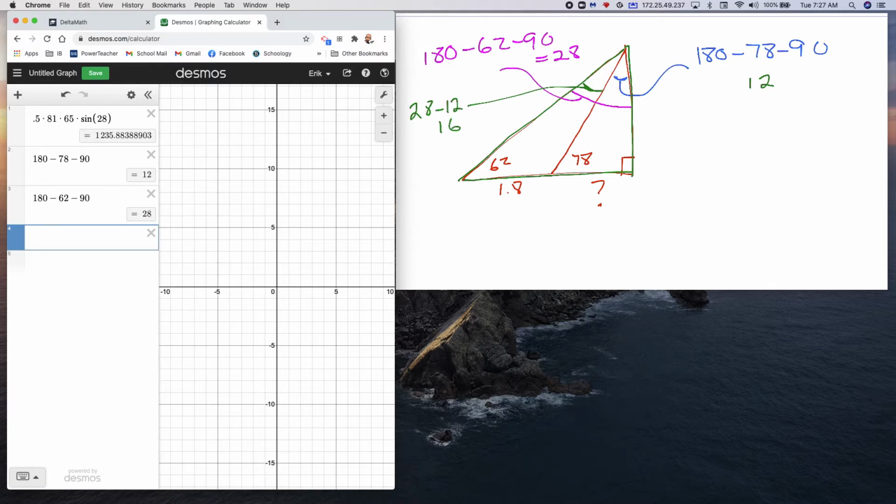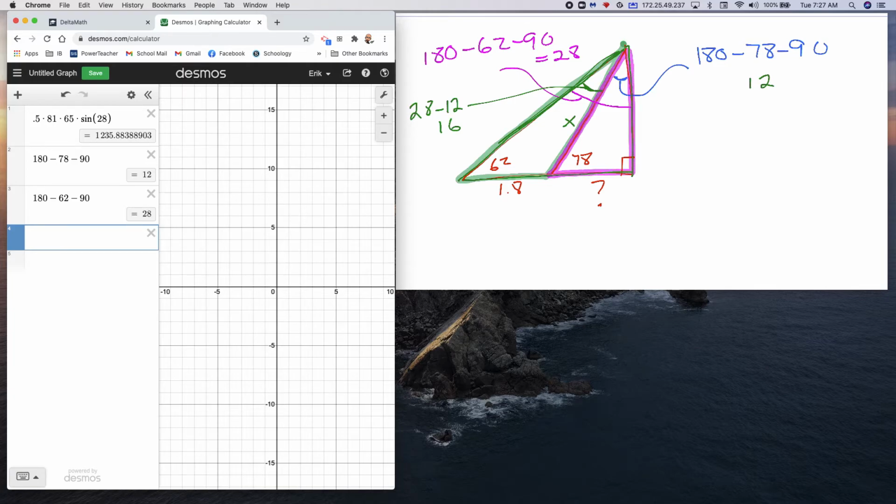Now, since I know that that's 16, that's a really important piece, because now what I can do is I can kind of highlight this triangle. Let me highlight it in green. Let me take a look at this triangle right here. And if I could find this missing piece, that would help me figure out what to do with this triangle.